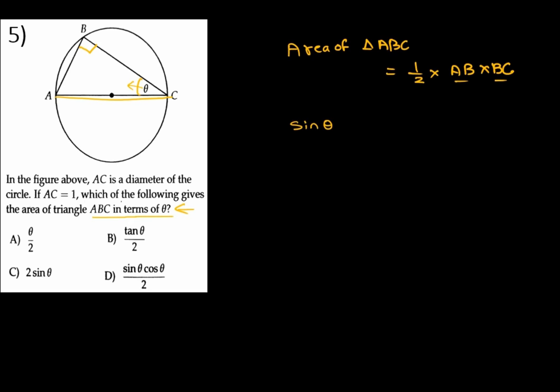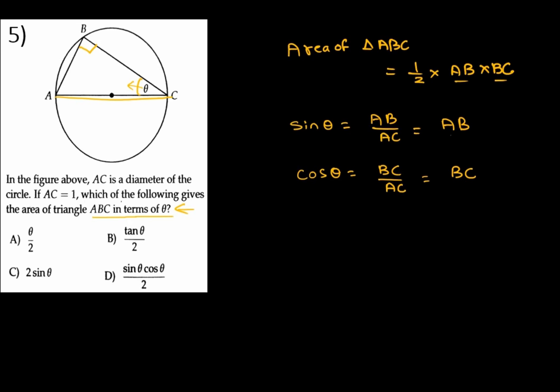If we start with sine of theta, this can be written as AB over AC. As the length of AC is 1, you can write this is equal to AB. So AB can be represented by sine theta. Similarly, cos of theta is BC over AC. As AC is 1, you can represent BC as cos of theta.